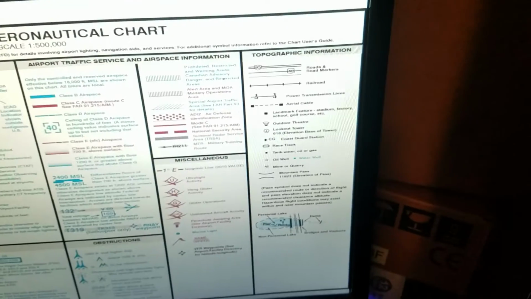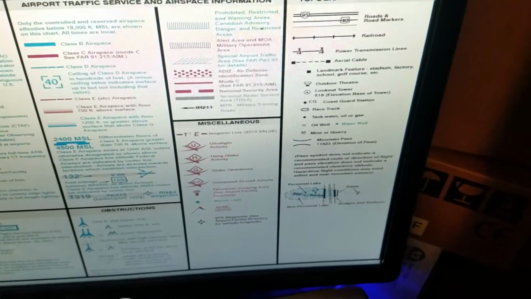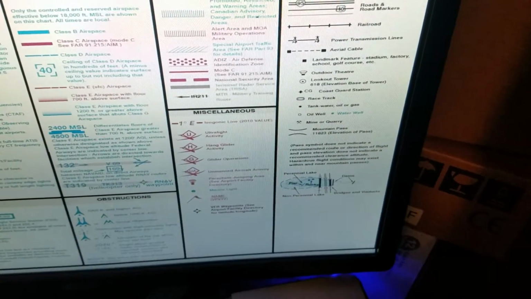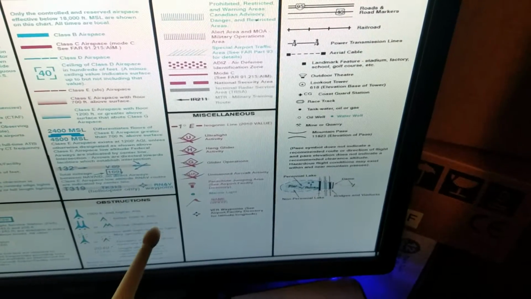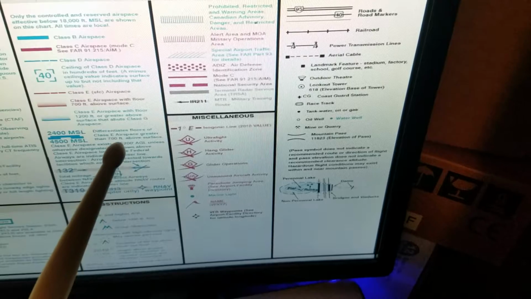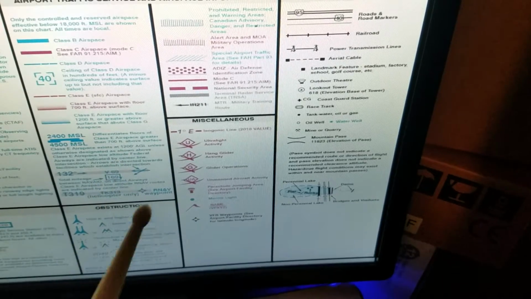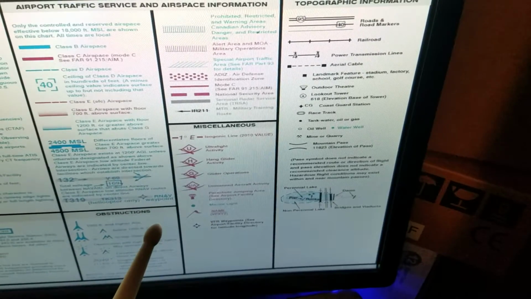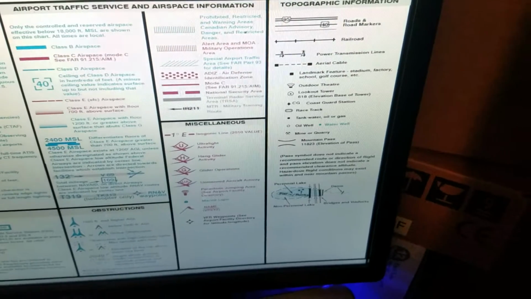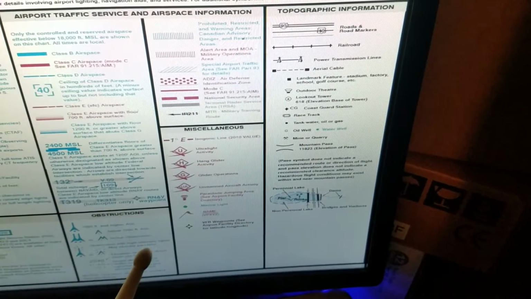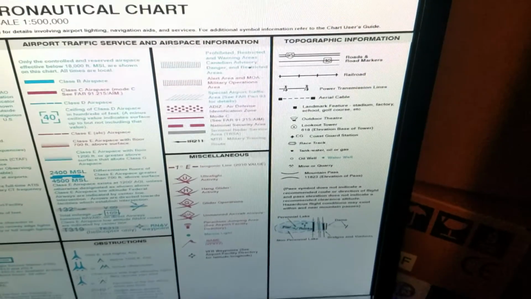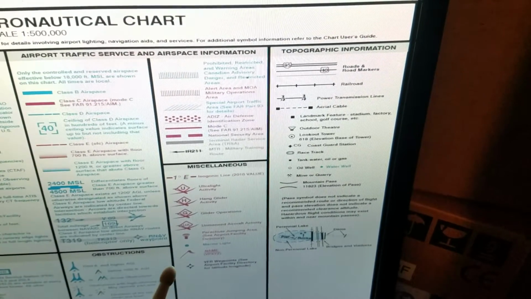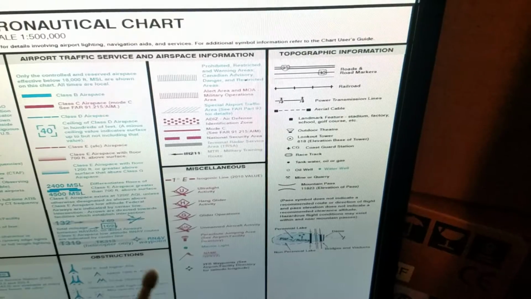And then I do not want to forget this flag mark. What it signifies is for visual routes, VFR flying, visual flight rules or visual flight route.